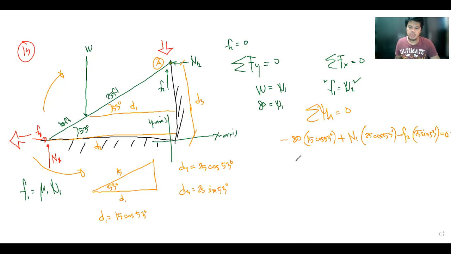N1 is already given to be 80, so we can calculate F2.